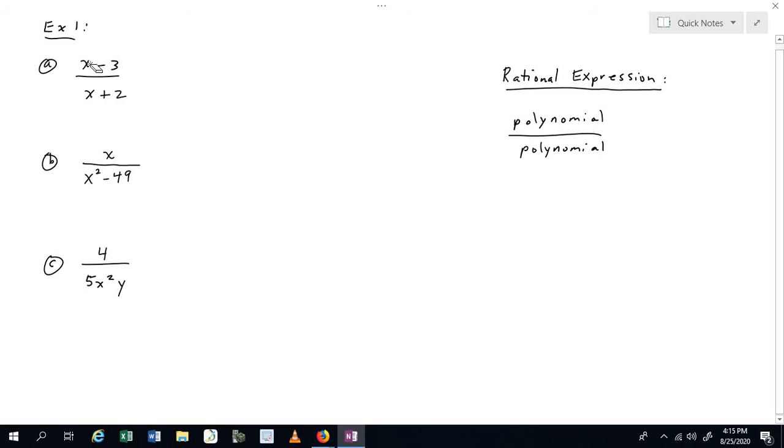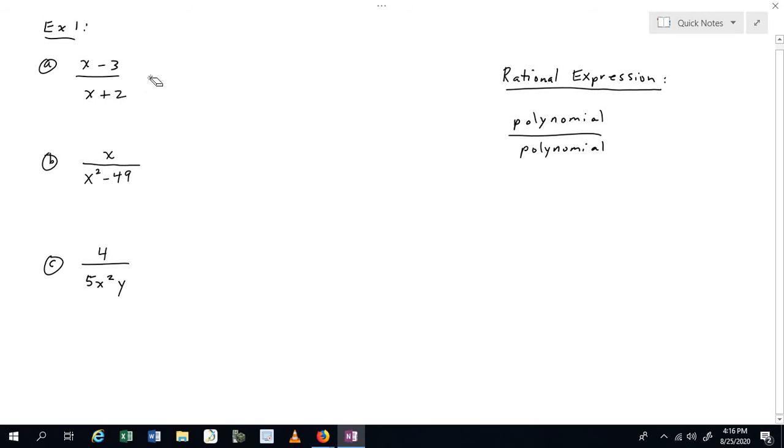So for example, let's say you plug a 4 in for x, right? If you plug a 4 in for x, you get 1 over 6. 1 over 6 is a perfectly fine number. There's nothing wrong with that. But if you plug a negative 2 into this for x, notice that you get negative 5 divided by 0, and there is a problem with that, because negative 5 divided by 0 is undefined.